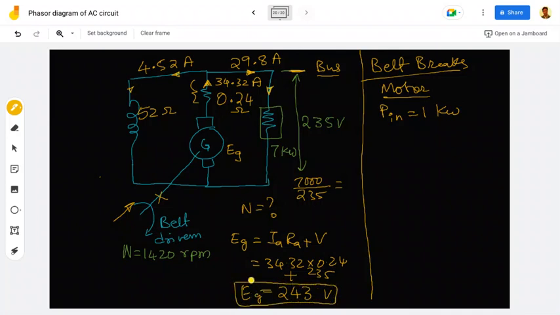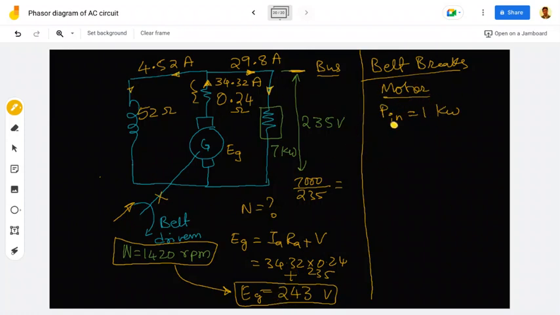So the EMF generated is 243 volts, because this speed is resulting in this voltage being generated. Now we are in the motoring mode.